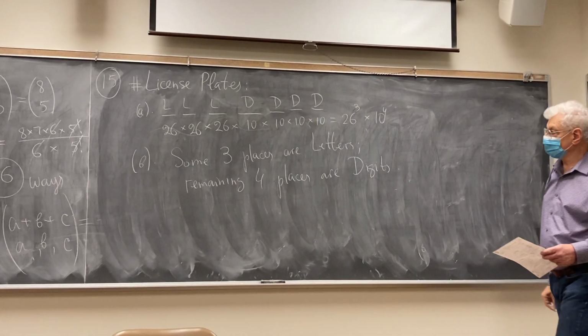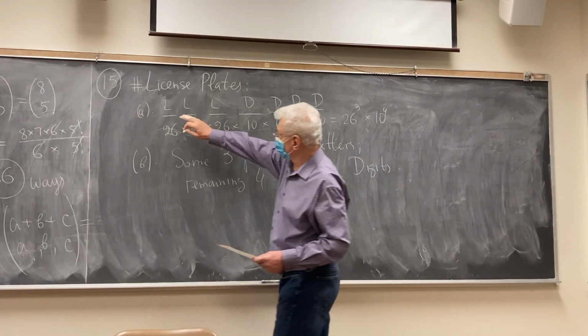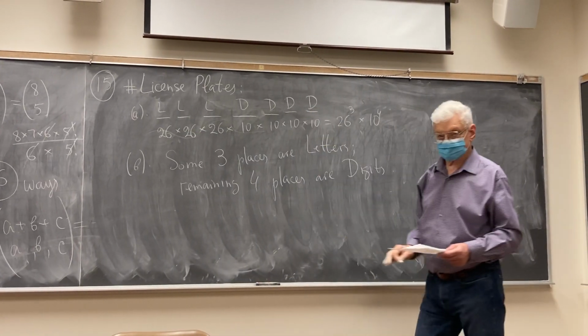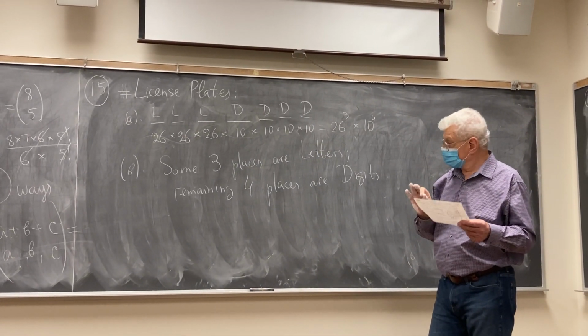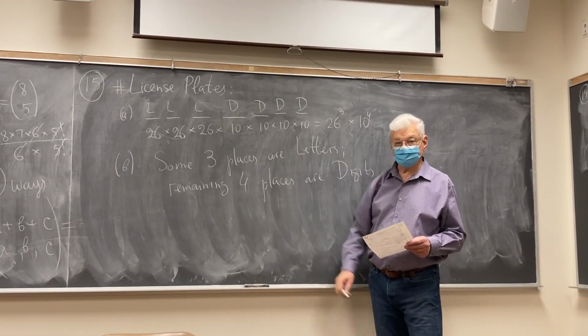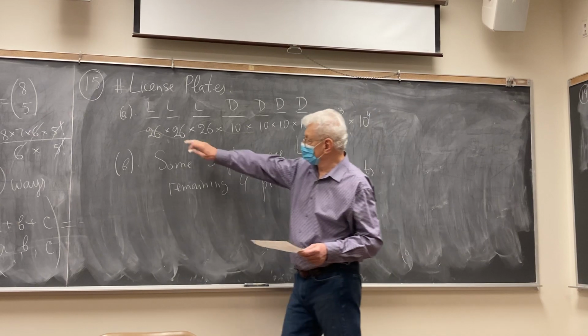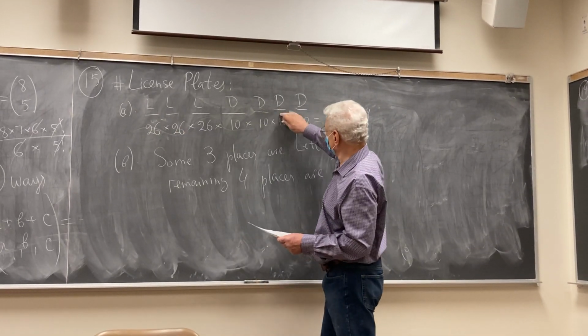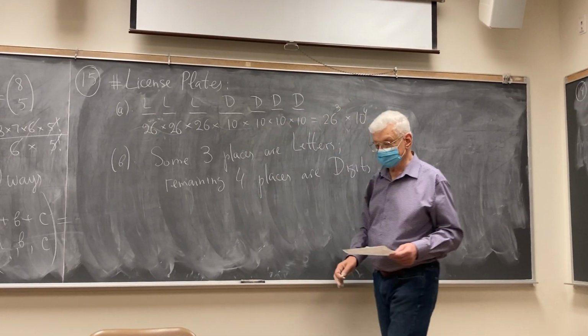Here we knew that the positions were on the places that we already picked from the beginning. But now the 3 places could be chosen differently. So for example, this could be letter, this letter, and that letter.